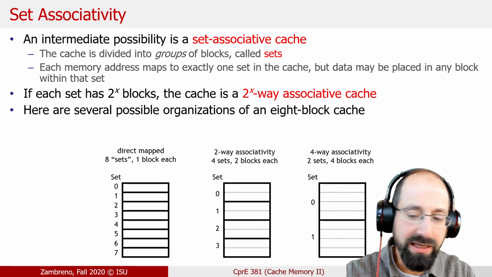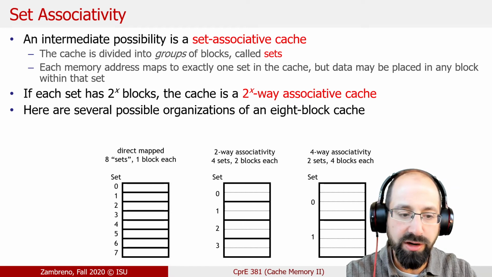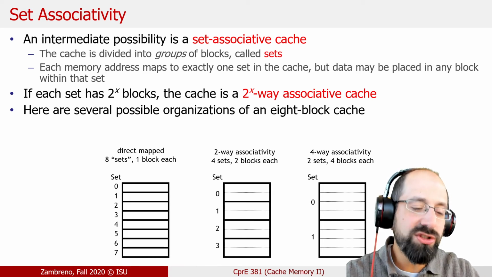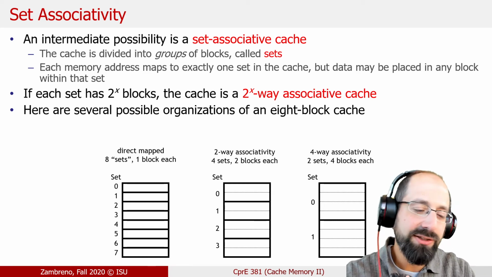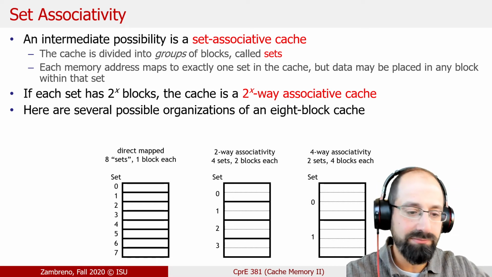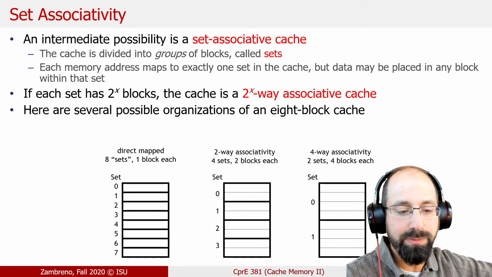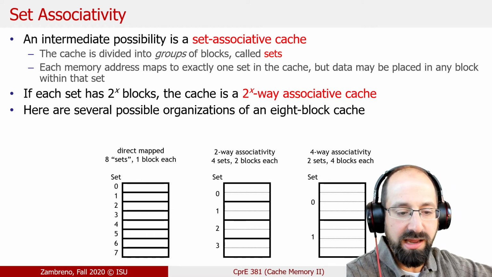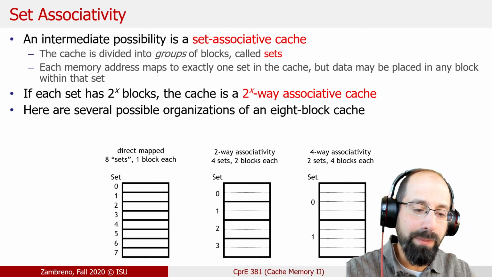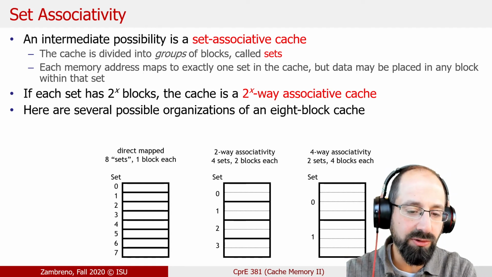But presumably, in a real system where we're evaluating trade-offs of our cache design, we're deciding based on a total storage budget. I can store 16 kilobytes in my cache. One way or the other, that's how much SRAM real estate I have, transistor budget I have for my cache for this design. How do I want to organize it? So it could be a direct map versus a two-way versus a four-way set associative.